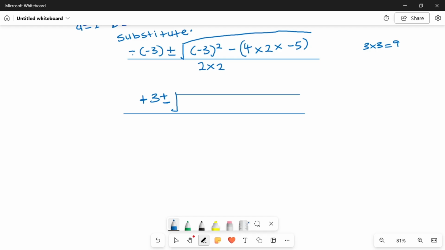Then minus times minus, which equals to plus. So we have plus 9 minus 4 times 2 times minus 5.